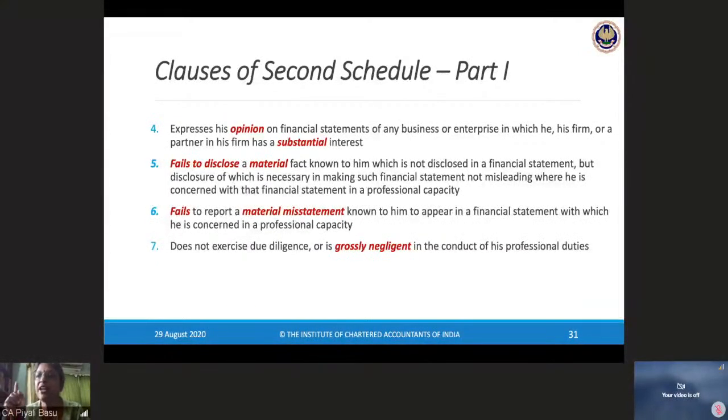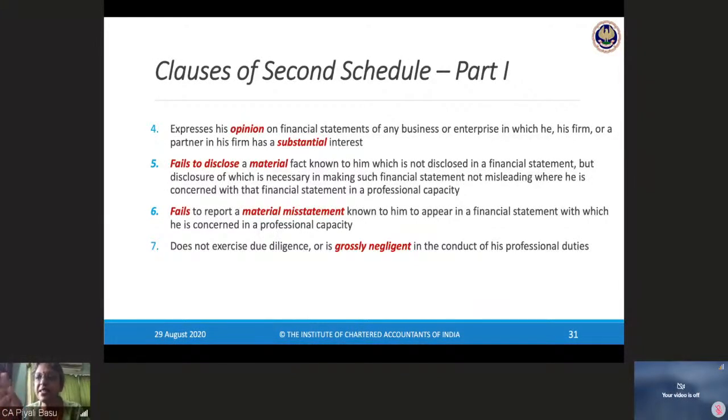To them, it would not have been misleading if he had disclosed. That's what we are talking about in the second line: disclosure of which is necessary in making such financial statement not misleading. So in simple English, because the member in practice, the auditor, didn't disclose, the financial statement became misleading. Is it making sense?